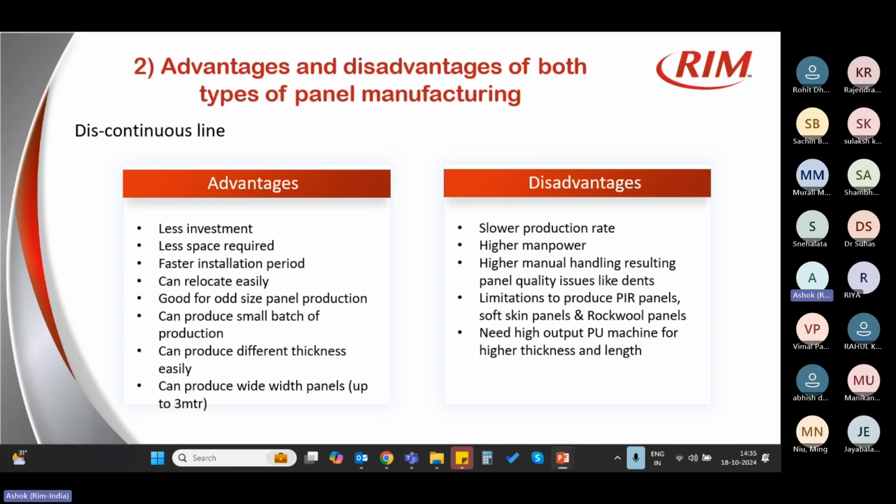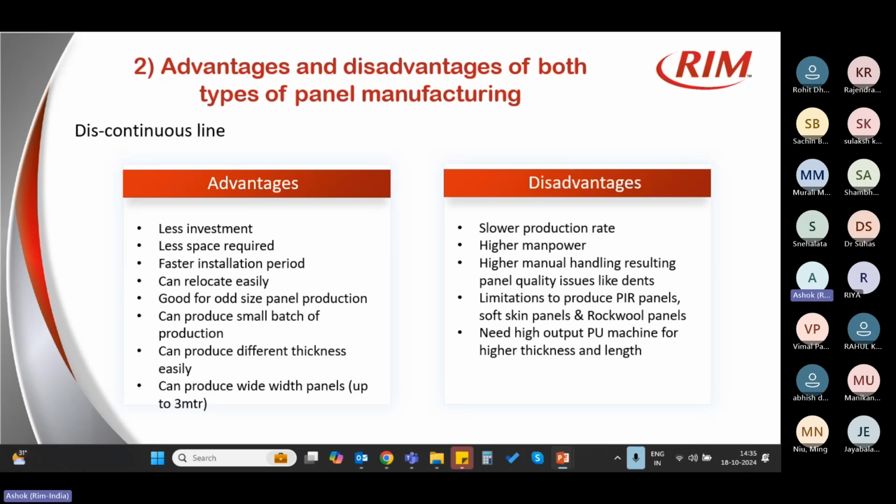So initial investment is less, and less space is required. The largest discontinuous line in terms of length is 12.5 meters. Altogether, lengthwise it will take about 45 to 50 meters, and width-wise about 20 meters. So this much is roughly the space required, which is comparatively quite less than a continuous line.